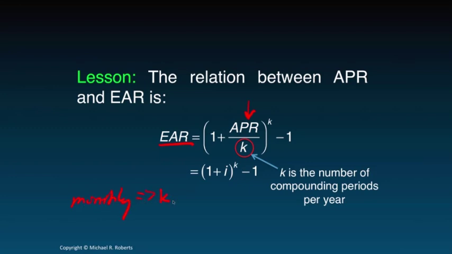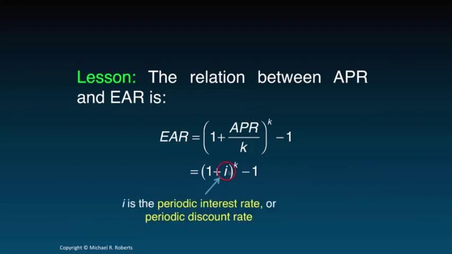That would imply a K of 12. How about semi-annual? That would imply a K of 2. And I'm going to introduce a little bit of notation here. I is the periodic interest rate, or the periodic discount rate, and that equals APR over K.